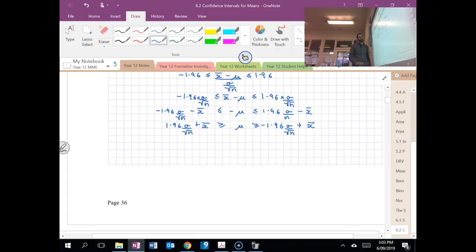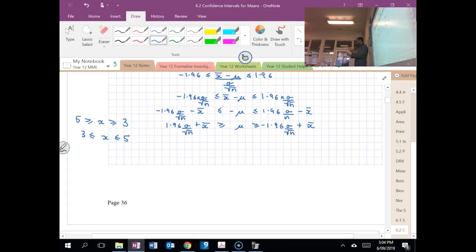Now, if I say 5 is greater than or equal to x, which is greater than or equal to 3, let's say x is 4, do you agree that I can say that 3 is less than or equal to x, which is less than or equal to 5?